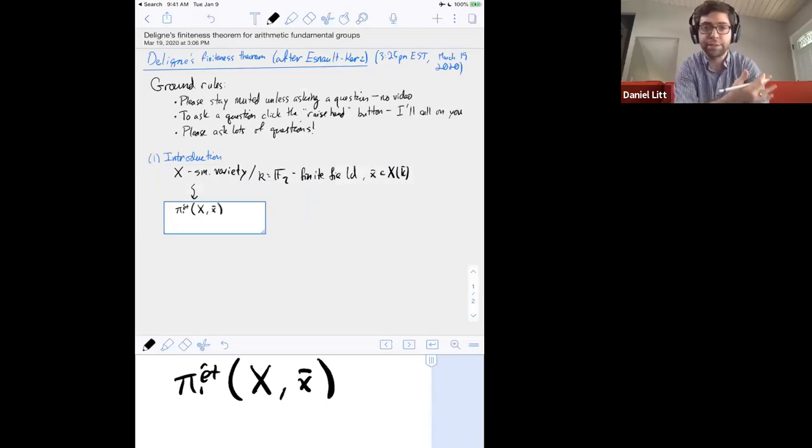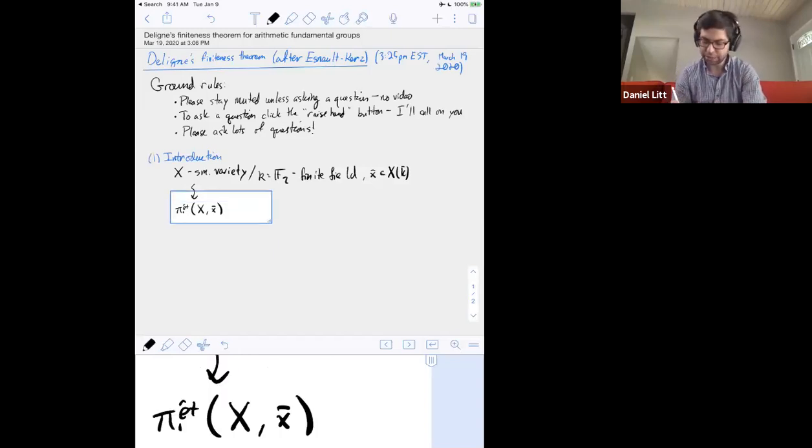And you're supposed to think it's like if you had a complex variety, you can take the group of loops in that variety based at your point up to homotopy. Well, that doesn't make sense in algebraic geometry. So instead it's an algebraic analog. So it's a profinite group.